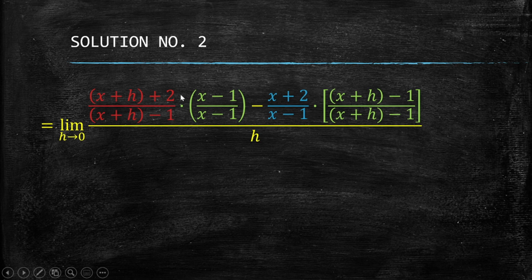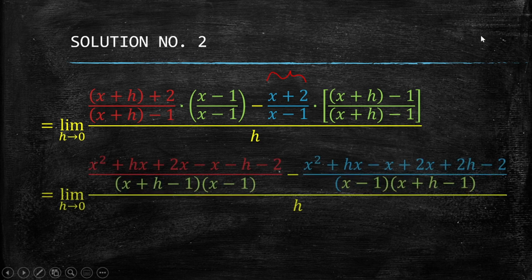So we multiply x minus 1 all over x minus 1, because again, this is just 1. Then for the second term, the blue term, we are lacking x plus h minus 1. So we multiply x plus h minus 1 all over x plus h minus 1. And this will give us this function here.